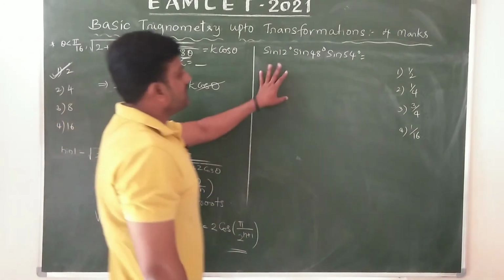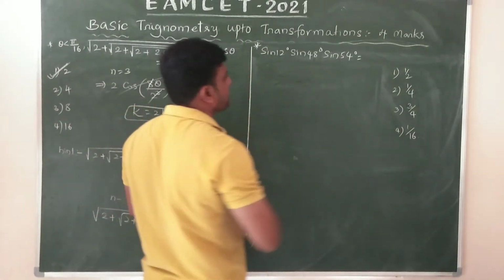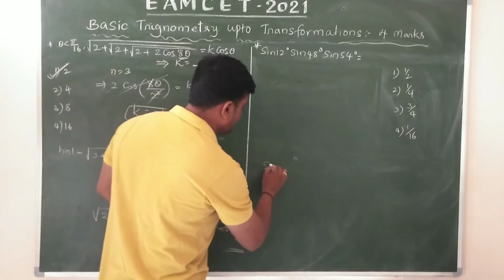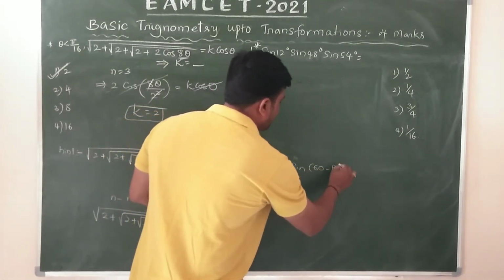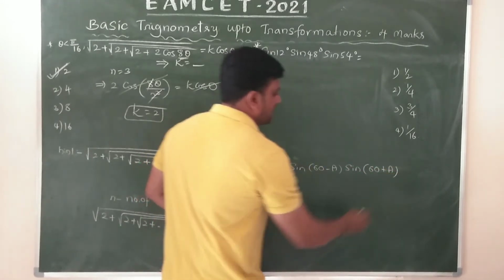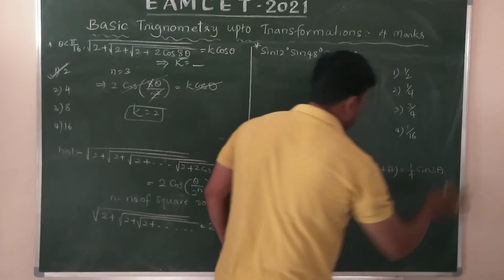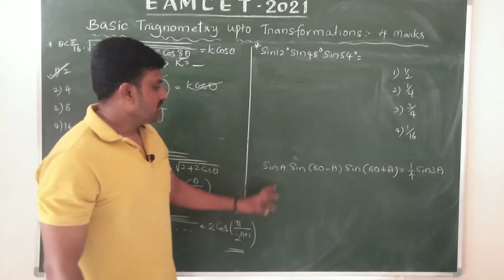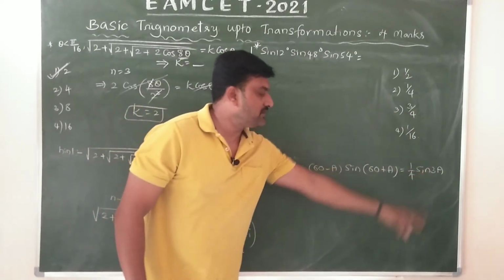For the next one, sin 12, sin 48, sin 54. It is like, suppose sin A sin (60 minus A) sin (60 plus A). Now this strategy can be applied here. Sin A sin (60 minus A) sin (60 plus A) equals to 1 by 4 sin 3A.